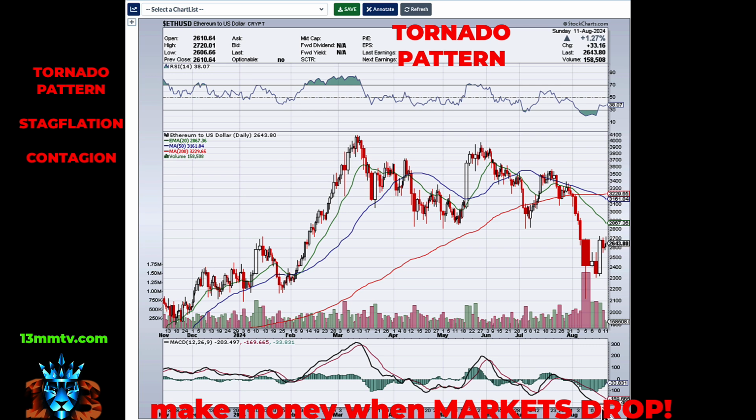Actually, this is something we discussed in multiple videos earlier in July before the collapse, pointing to the fact that things don't have to cross necessarily. In the majority of instances they do, but sometimes they come close and resolve to the downside even further. And I believe that's what's going to be the case here with Ethereum.